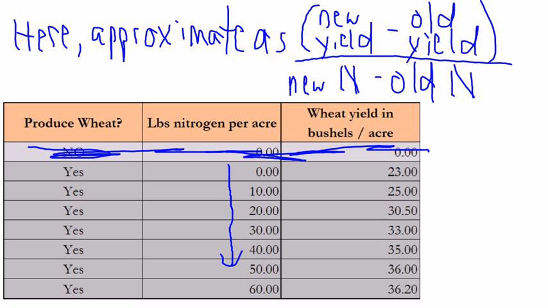So here we just approximate the marginal product. What you do is you take the new yield, subtract the old yield, and divide it by the new level of nitrogen minus the old level of nitrogen.